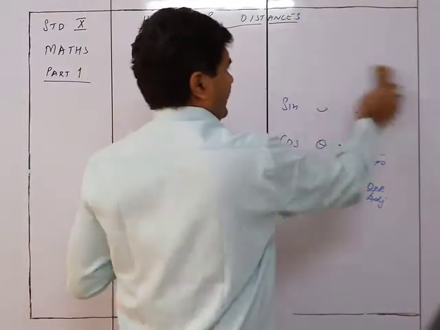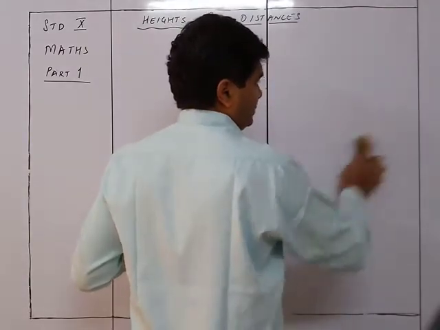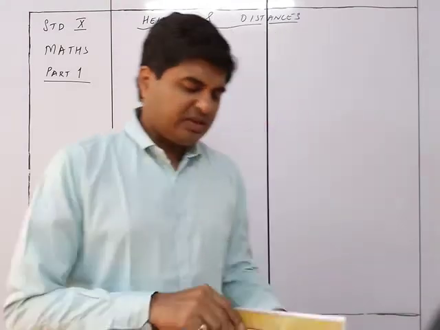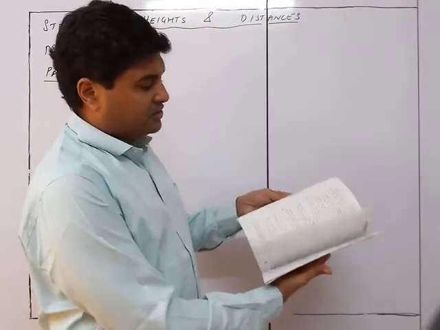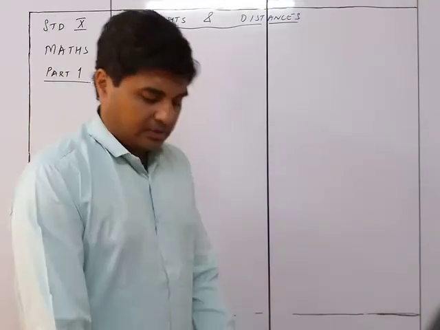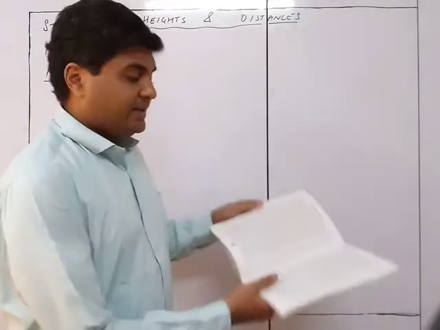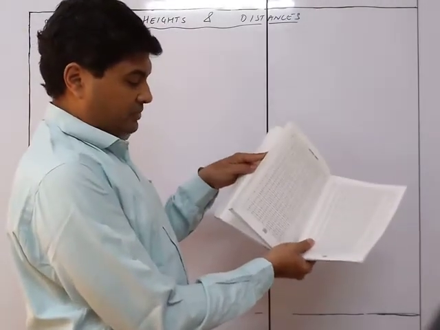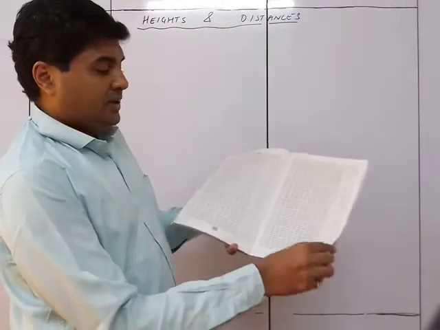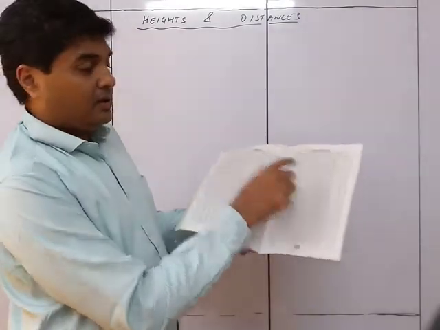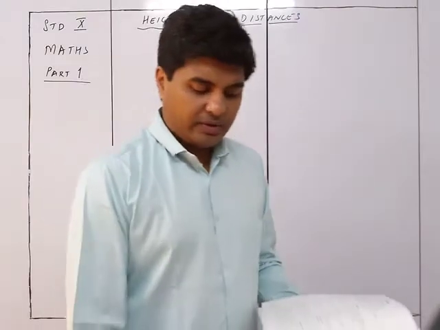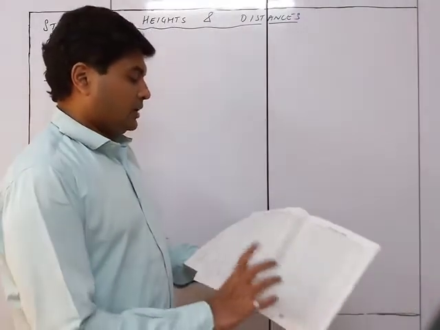On the back side of your textbook, just before the answer section, in Concise as well as ML Agarwal, in fact in any book, you will find these tables of natural sine, natural cosine and natural tan. Okay, this is natural sines, written on top. Then you have got over here natural cosines and natural tangents. So sine, cosine and tan are what you are having over here.